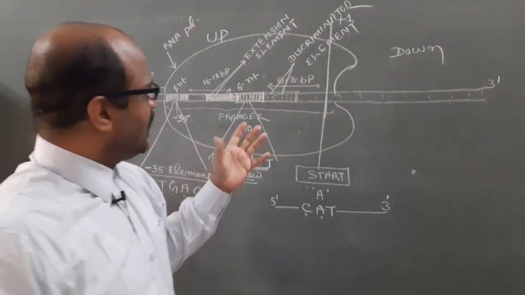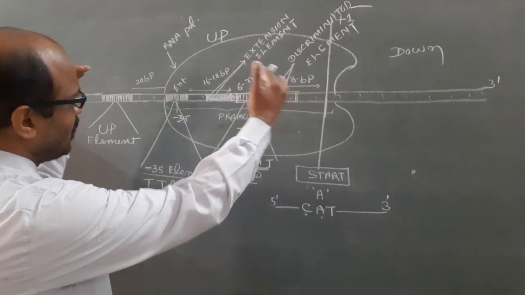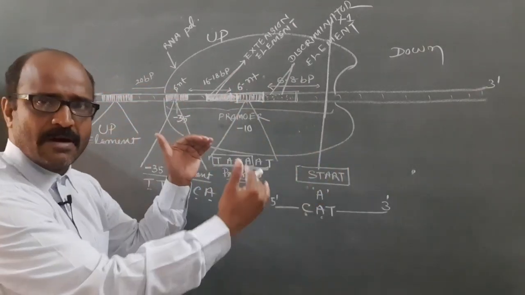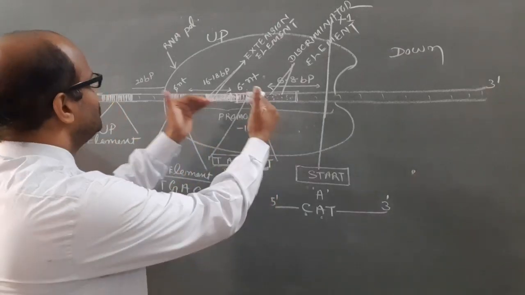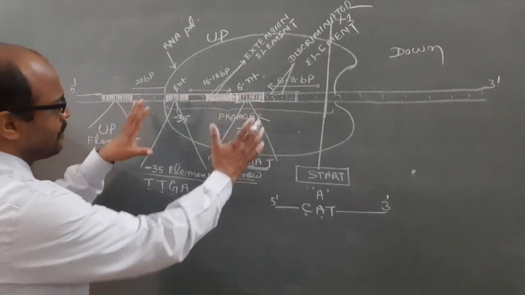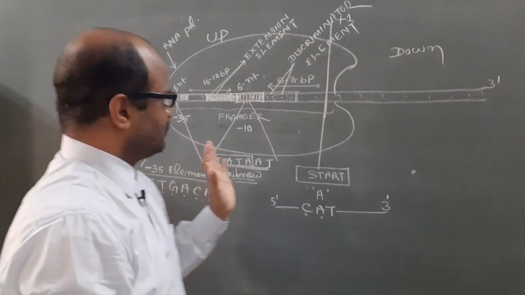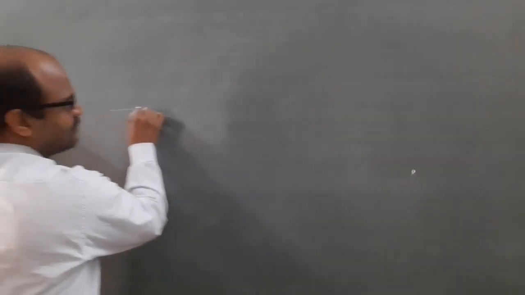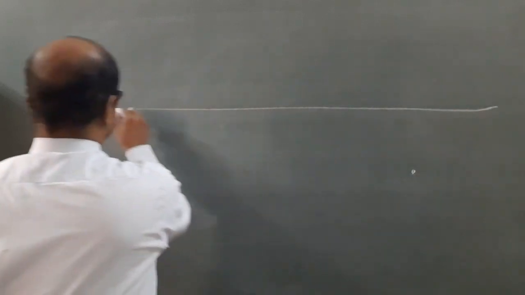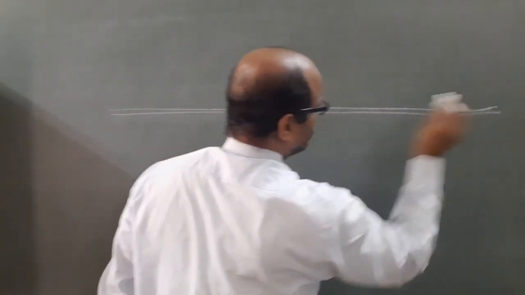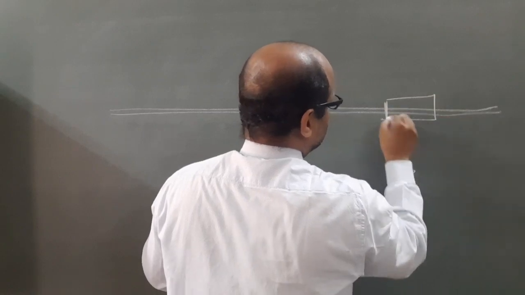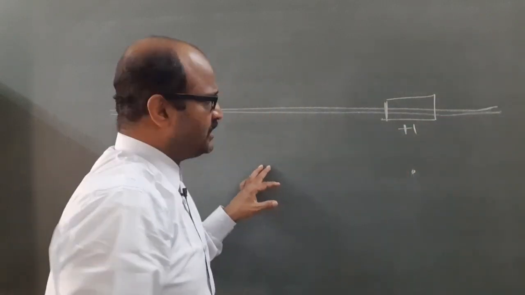So these different components will be recognized by different regions of the sigma factor. So let's see which region of the sigma factor interacts with which component of the promoter region. Let me draw the model of the promoter region. Suppose that this is the +1, the start point.